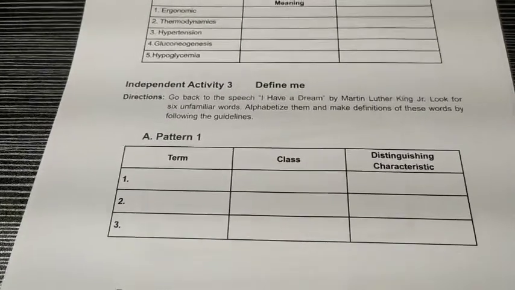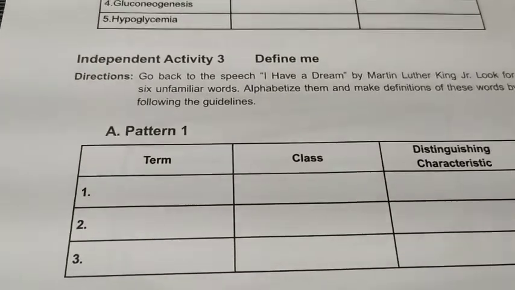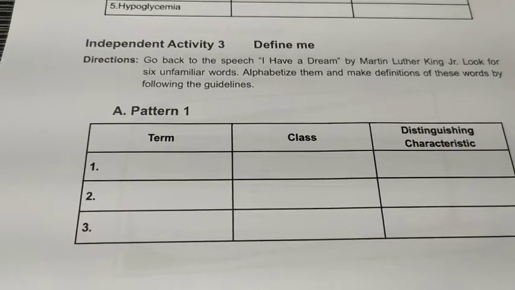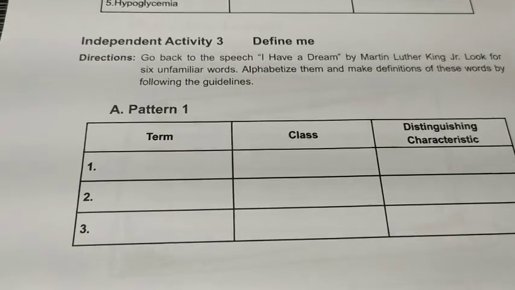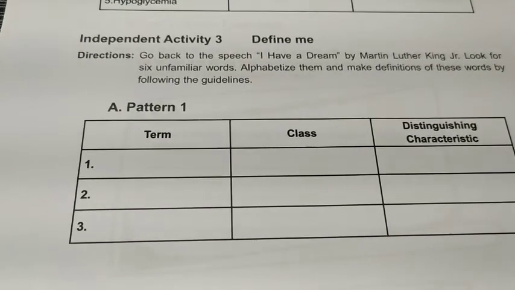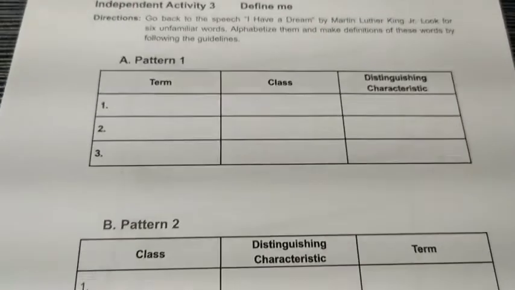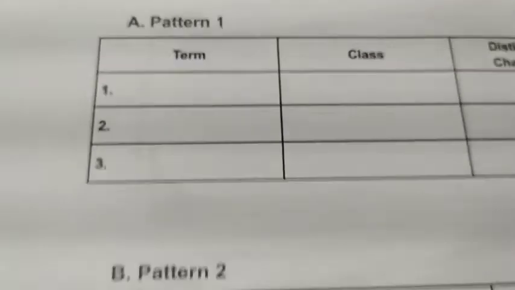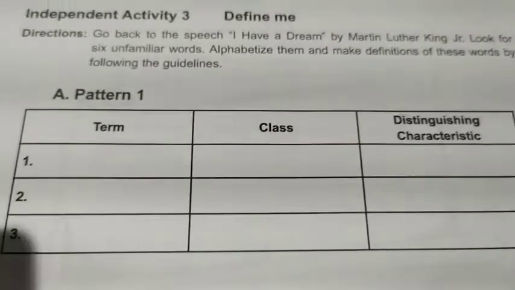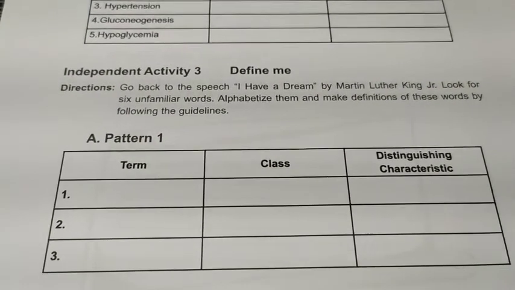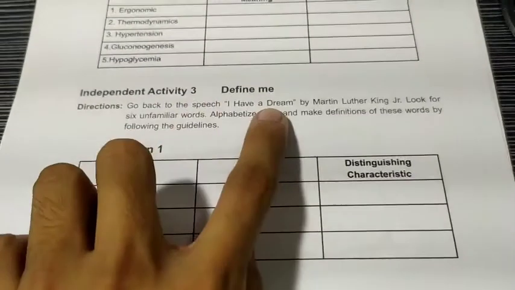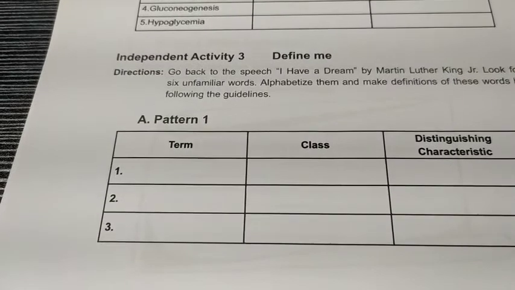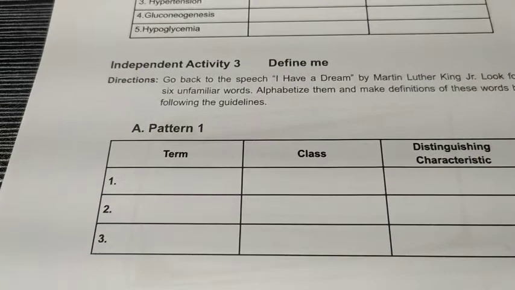Independent activity 3, define me. Go back to the speech I Have a Dream by Martin Luther King Jr. Look for 6 unfamiliar words, alphabetize them, and make definitions of these words by following the guidelines. So here, pattern 1, pattern 2. So find 6 terms in all that you will find in I Have a Dream, which are not really familiar to you.